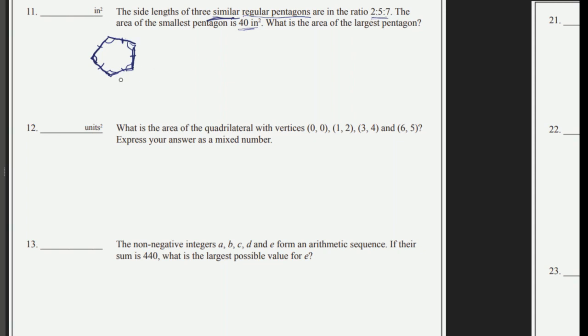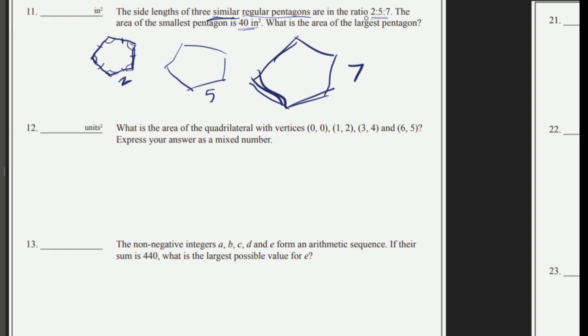So that means if you have one of these regular pentagons with a side length of, I mean, it's not necessarily 2. It might be a side length of 49, but the ratio between that one and the next bigger one is 2 to 5, right? And then the ratio to the bigger one still is 7. So you've got 2, 5, 7.